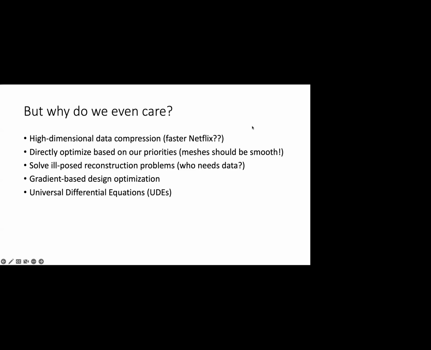High dimensional data compression is a forward problem. It's trying to come up with a better way to squish a video together. But we can directly optimize meshes, for example, based on a whole bunch of soft constraints, different priorities.